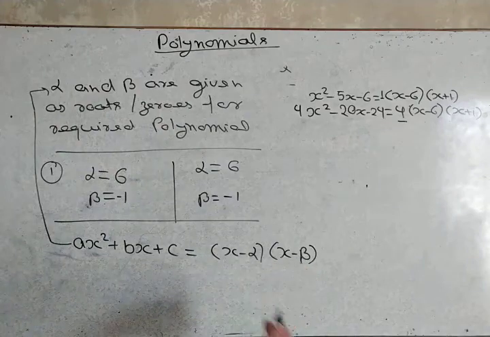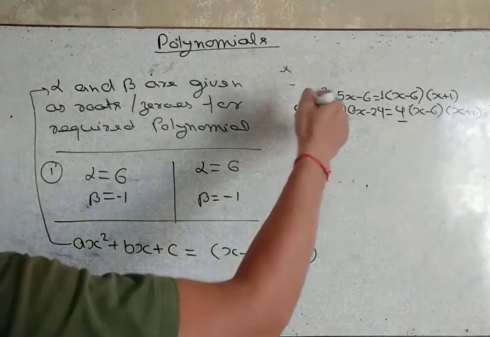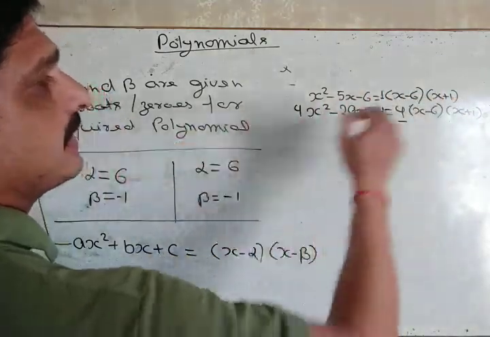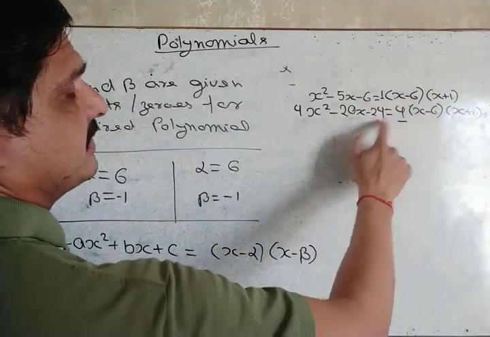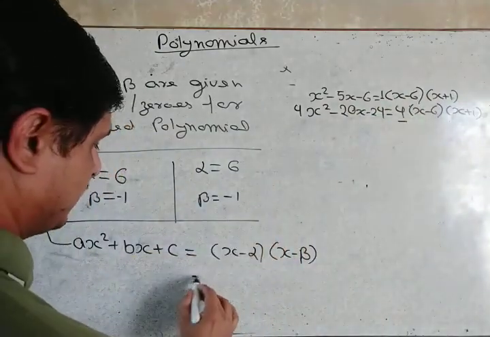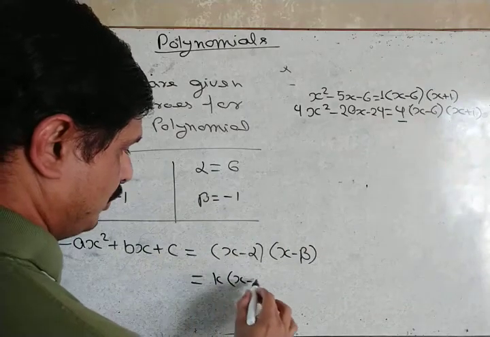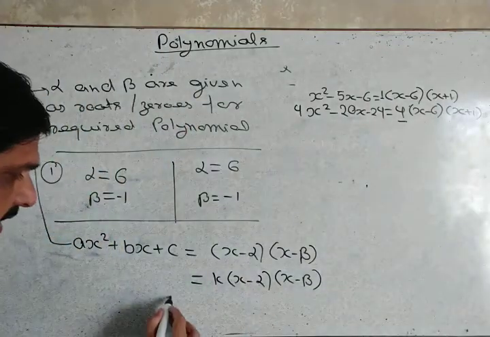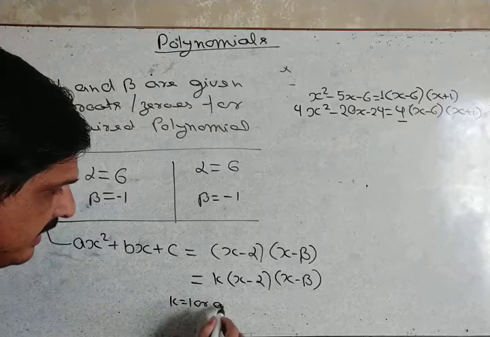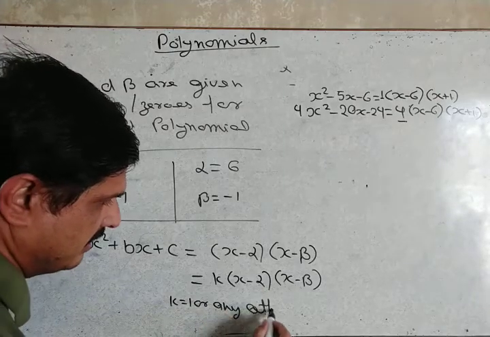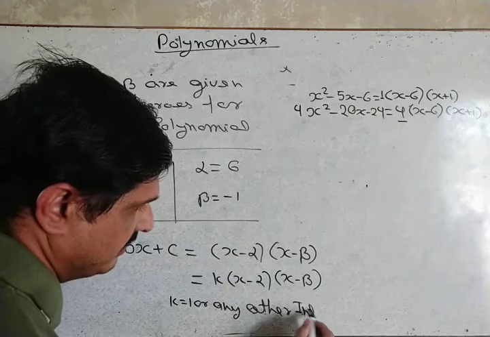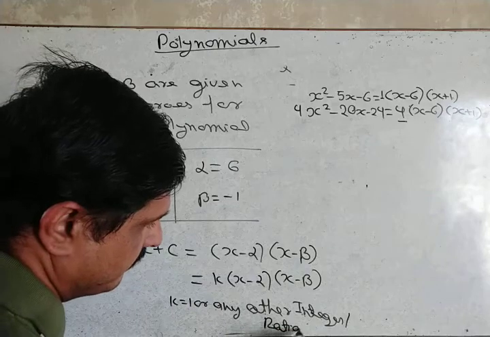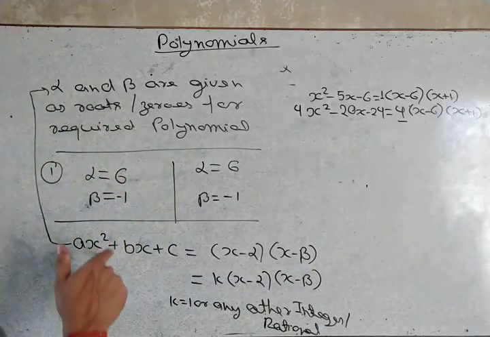Alpha and beta are Greek alphabets, okay? When you are given this polynomial, you make the factors like this, and you can also make the polynomial like this. For a special case, we will take k equal to 1 or any other integer or rational number. So this is the general equation.